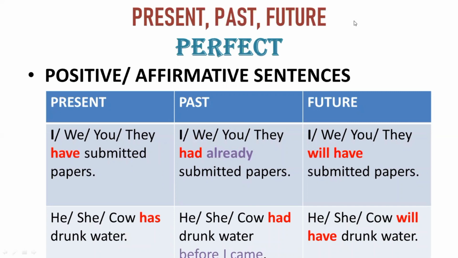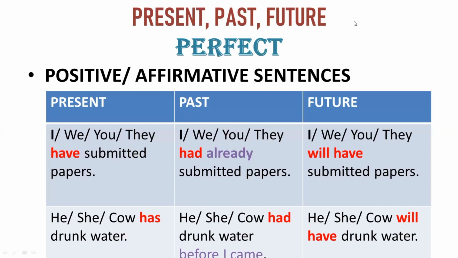In present, we use have and has as auxiliary verbs, and then we use third form of verb or past participle form of verb. If you see the first example, that is with first persons, second persons, and third person plural, that is they, we have used have as auxiliary or helping verbs.